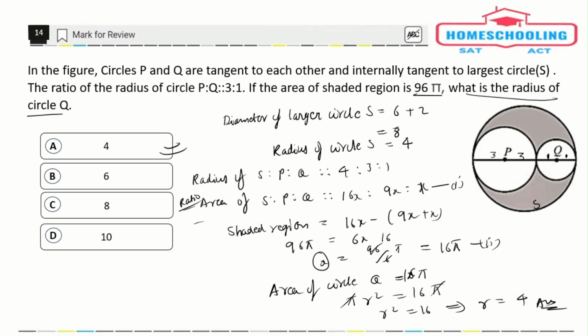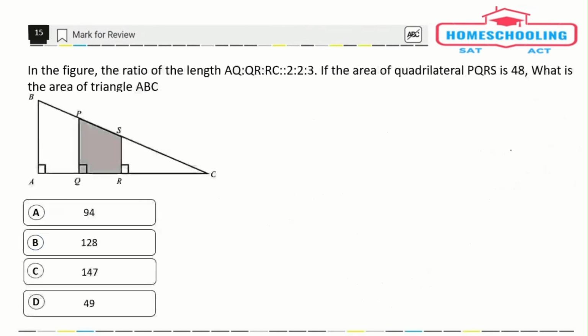Now moving to the next question, question number 15. In the figure, the ratios of the length AQ, QR, RC is 2 is to 2 is to 3.